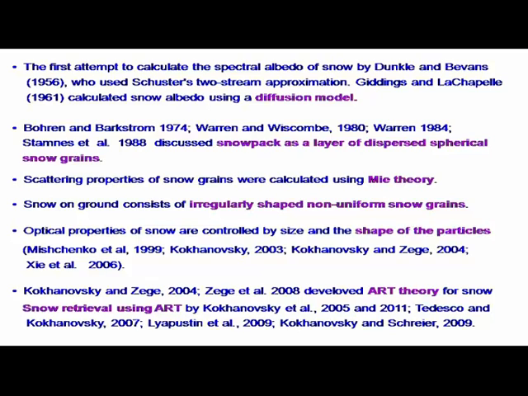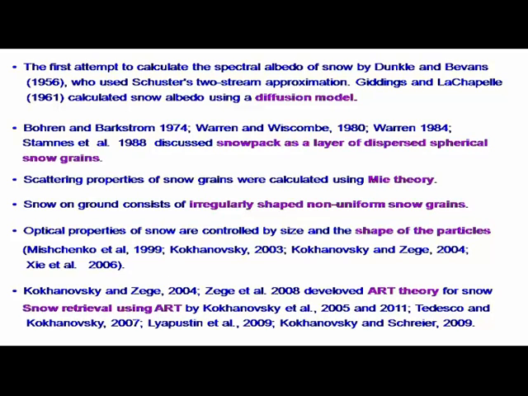After that, Bohren and Barkstrom, then Warren and Wiscombe, Warren 1984, then Stamnes, discussed the snowpack as a layer of dispersed spherical snow grains. They modeled the snowpack by considering the snow grains as spherical, and for that they used Mie theory for the estimation of the scattering properties.